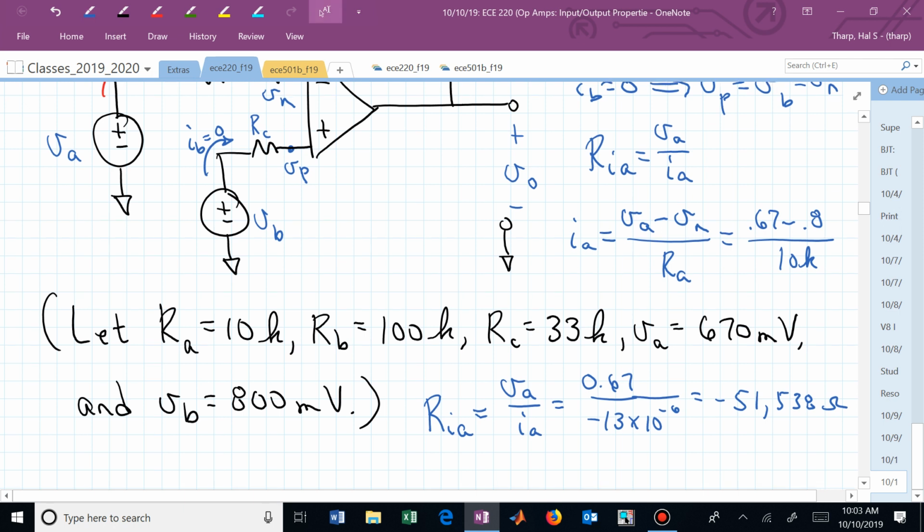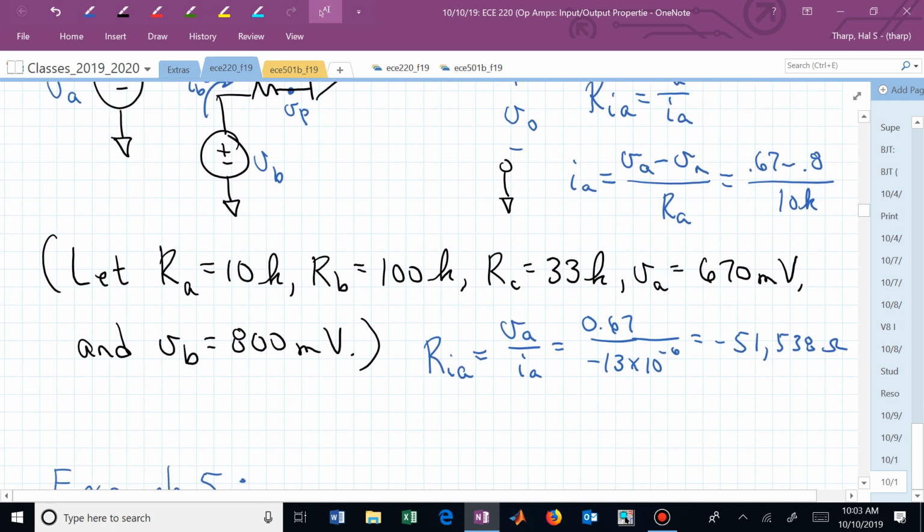That just means that if you now increase the voltage, your current's going to decrease. If you increased V sub A, your current is going to decrease. So this is kind of a non-standard non-inverting amplifier configuration because of the way that the voltages have been specified.